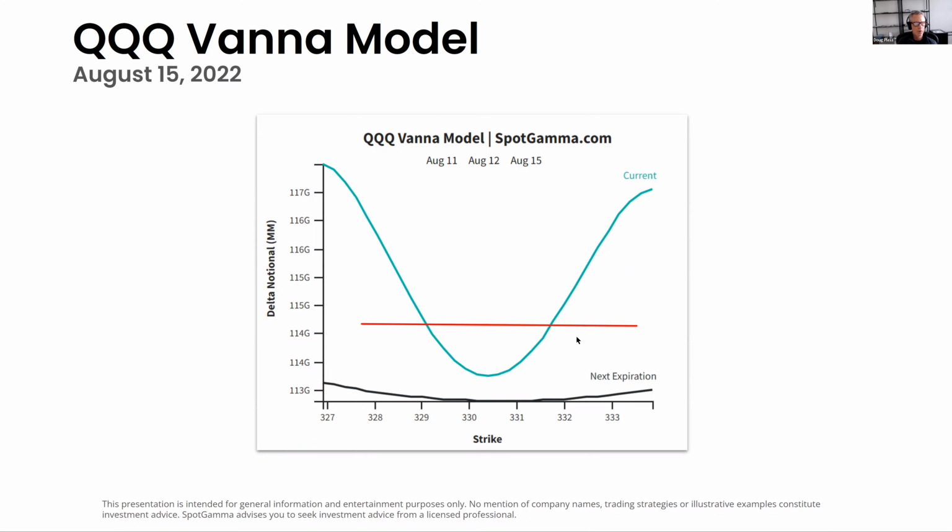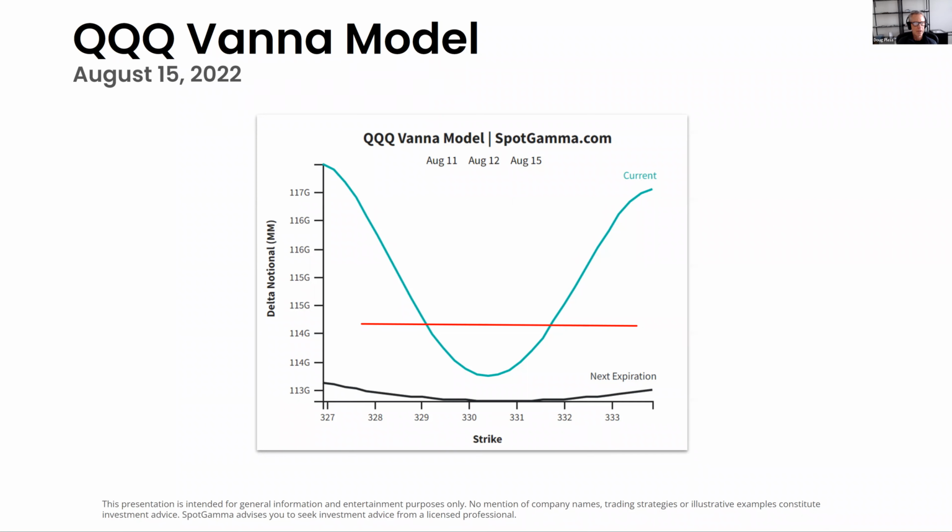So what this is showing is, again, how market makers' delta notional or delta exposure will change with shifts in price, and that's shown by the horizontal axis, and also with changes in implied volatility, and that's shown by the green line.